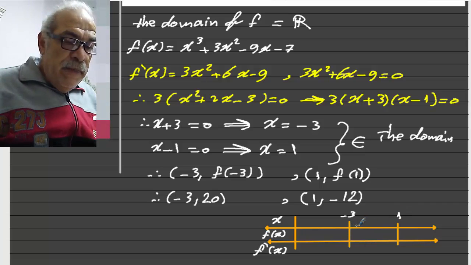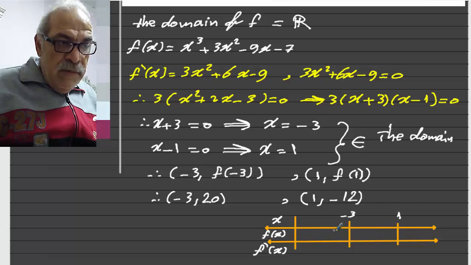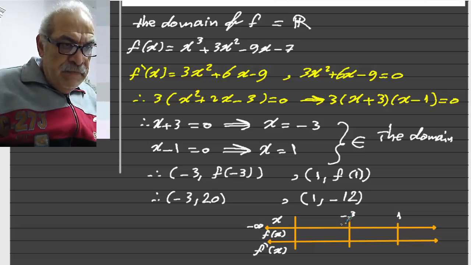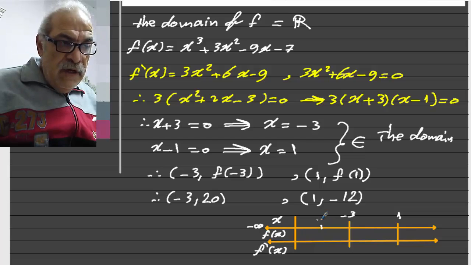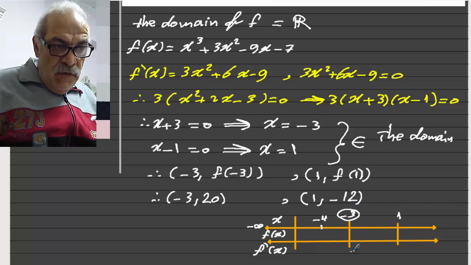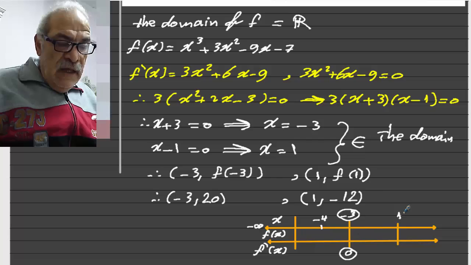Okay, and we check for some numbers belonging to the interval from -infinity to -3, in the neighborhood of -3, and you can check for x equals -4 here. Of course, when x equals -3, f dash of x equals 0, and when x equals 1, f dash of 1 also equals 0.